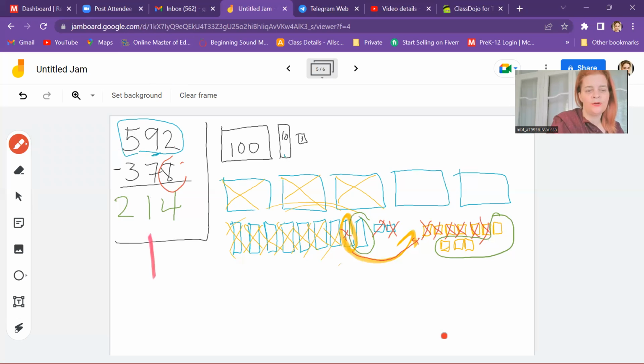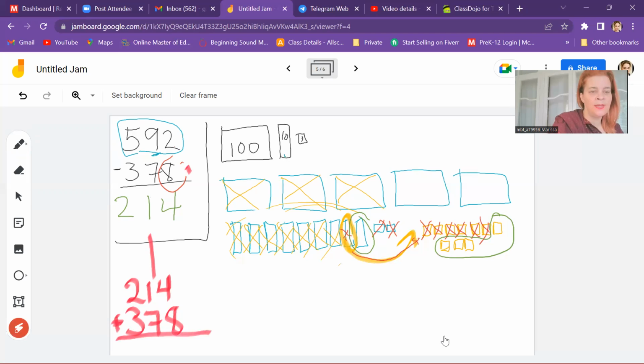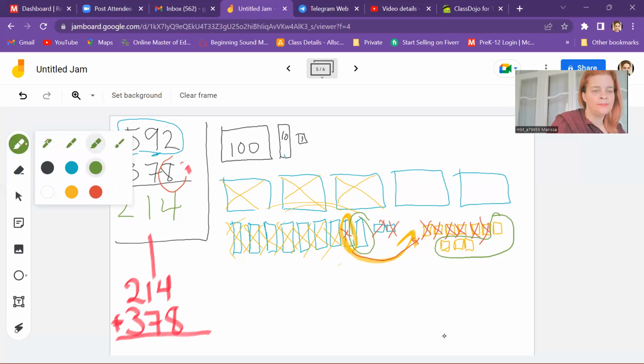We're going to take 214 and add this number, 378. We're adding it together. Because remember, we have to get this big number, right? We're looking for this number. So that means we have to take this answer, add it to this one to get this number. Okay, so let's see if we're right.